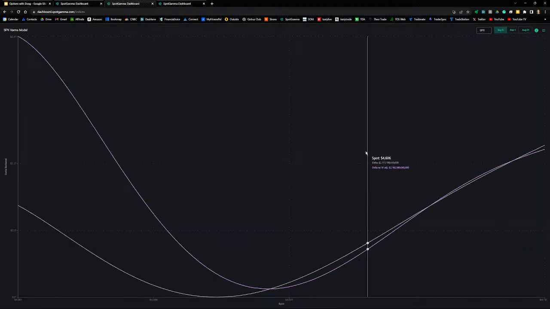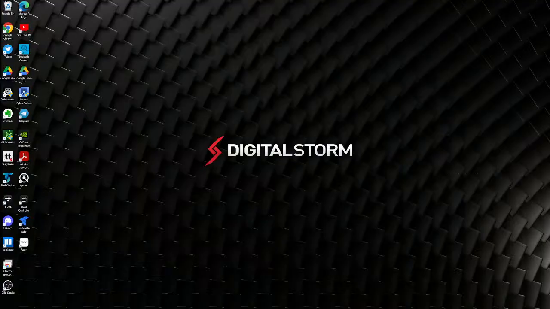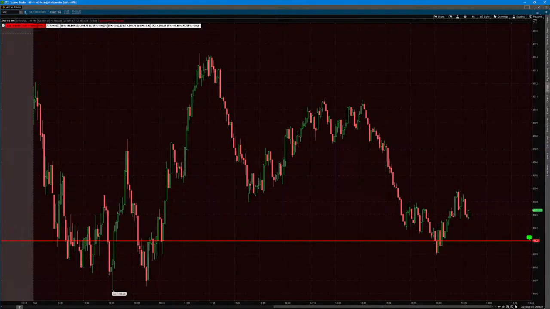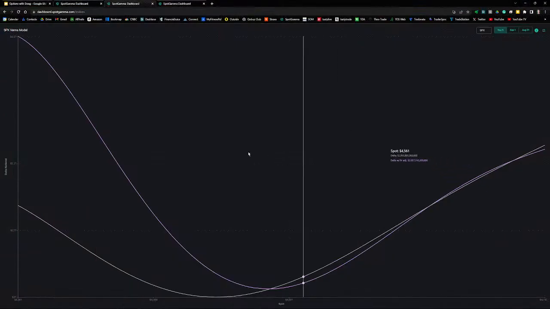Remember, gamma notional at the beginning of the day was positive. So the low of the day was right around, I guess, 44.97. Let's just check that. 44.96. So close enough.